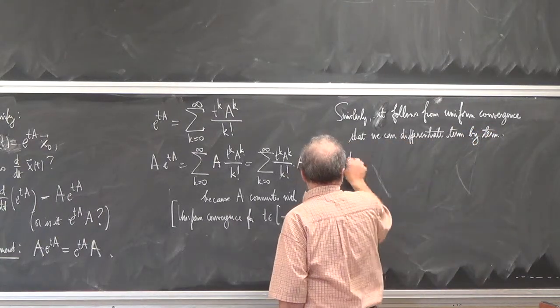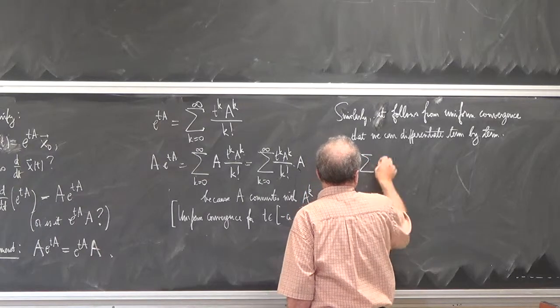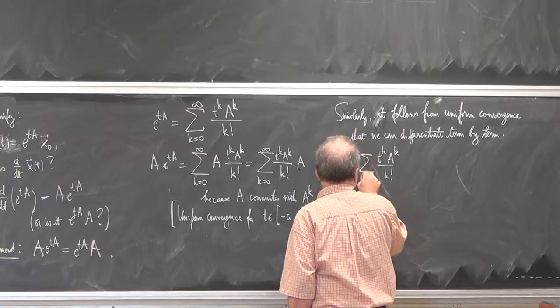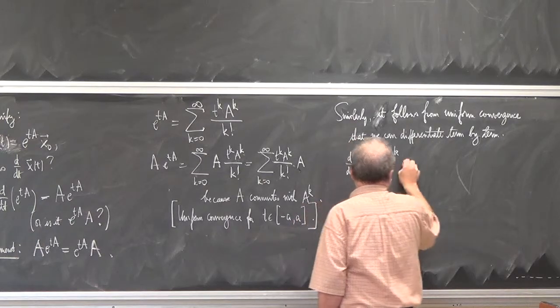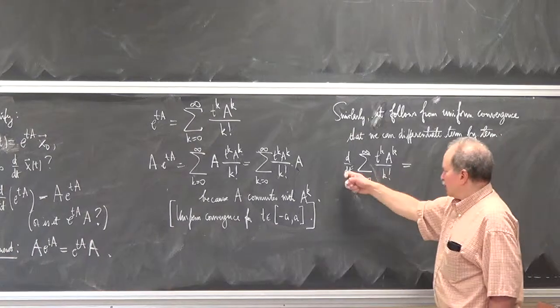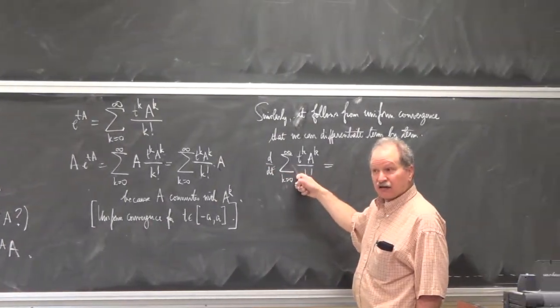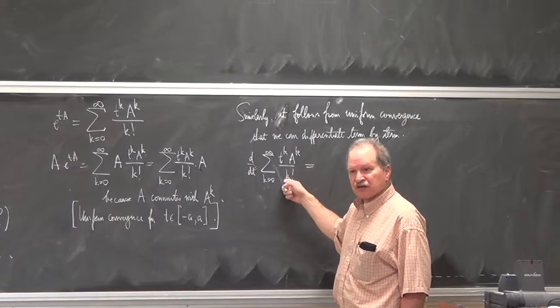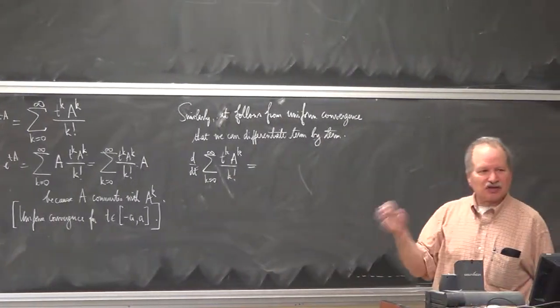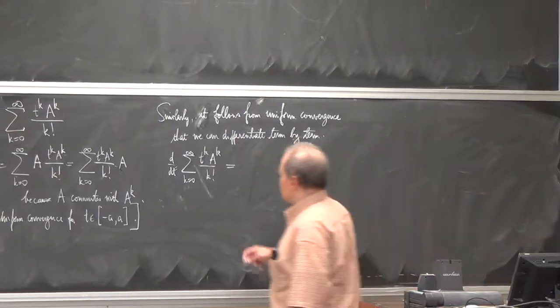So if I take d/dt of the sum, you can pull the d/dt inside, and then take the sum of the derivatives. This is like saying if you have an integral, you can take the limit of the integral as long as you have uniform convergence. It's the same sort of argument.